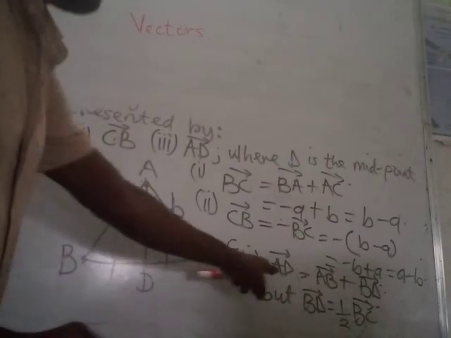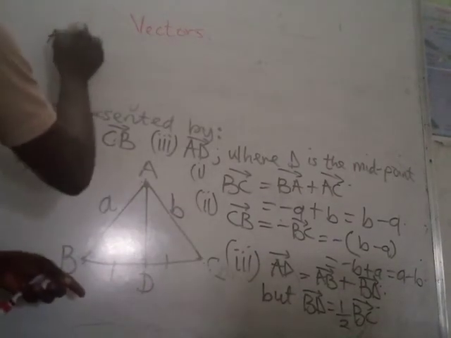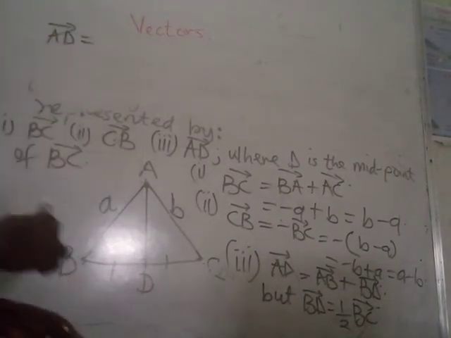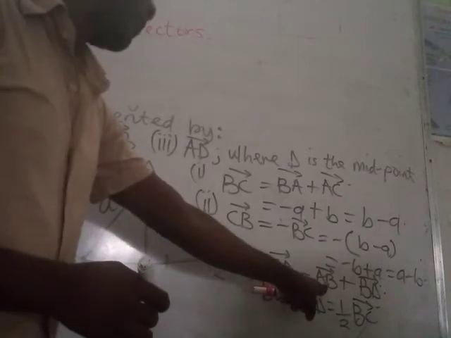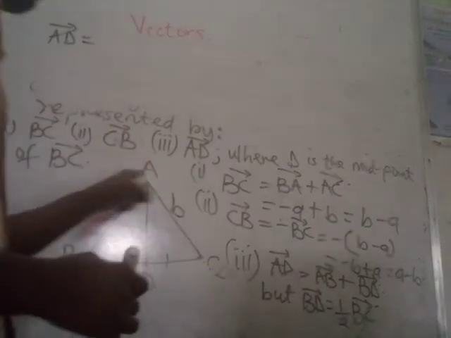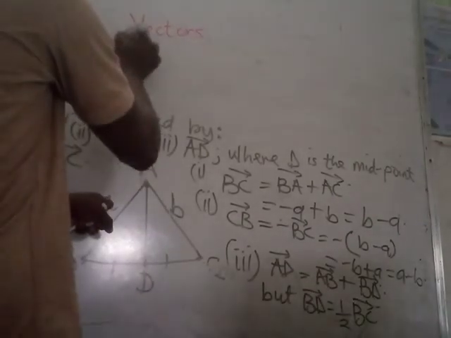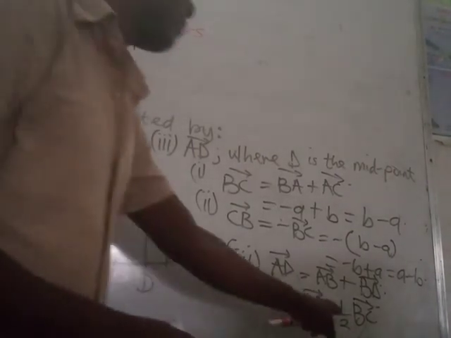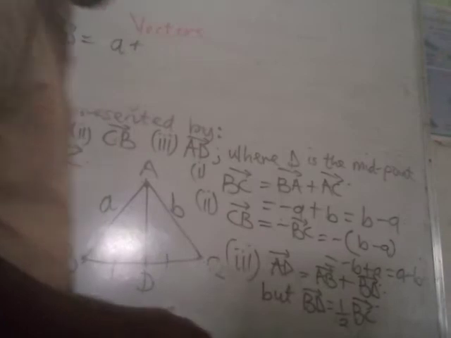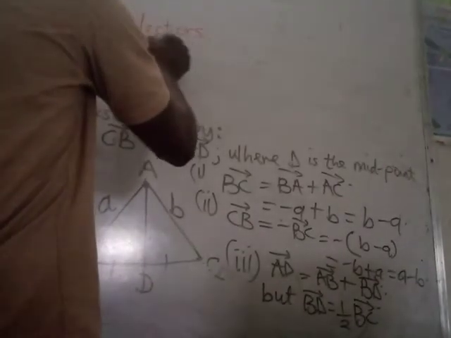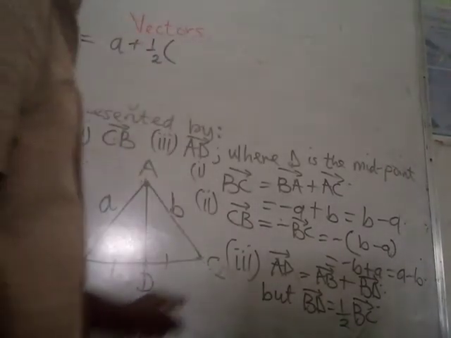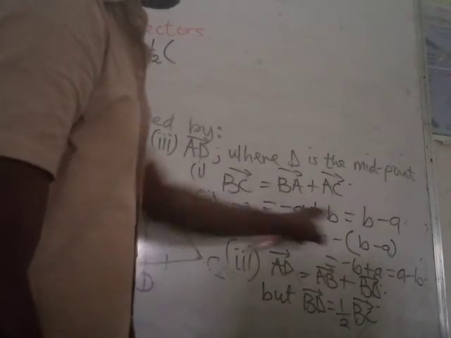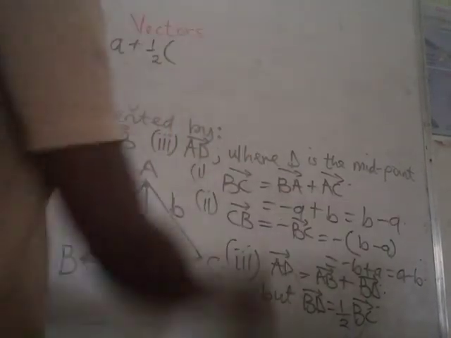So therefore, AD is going to be equal to AB. AB is A plus BD, which is half BC, and my BC is equal to B minus A.